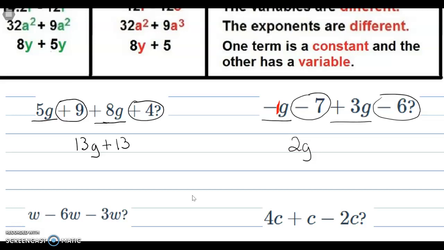Now I'm going to take the negative 7 and add it with the negative 6, but they're the same sign, so you find the sum. 7 plus 6 is going to be 13, and since they're both negative, we leave it negative. And that's our answer.